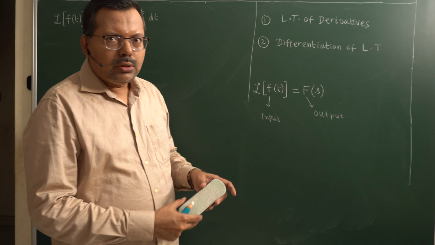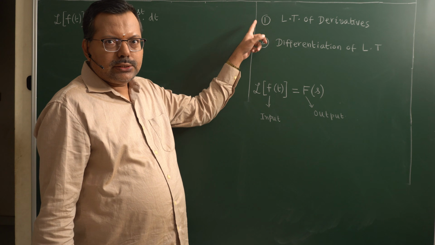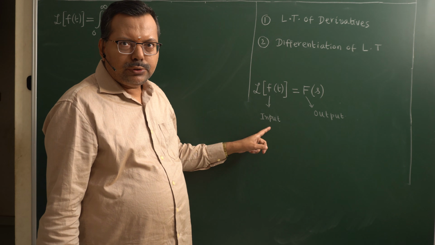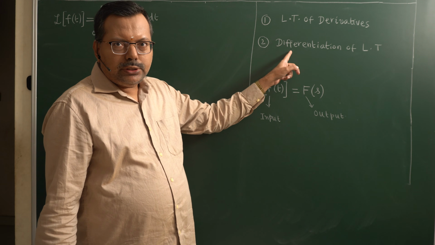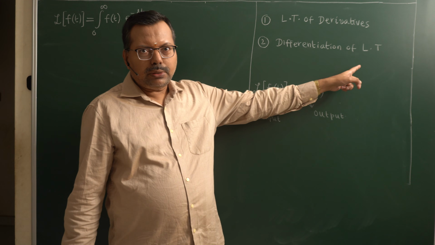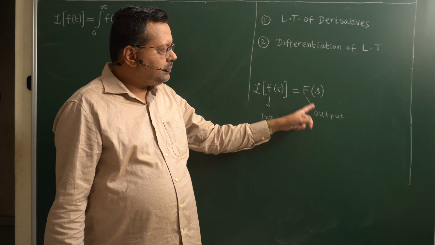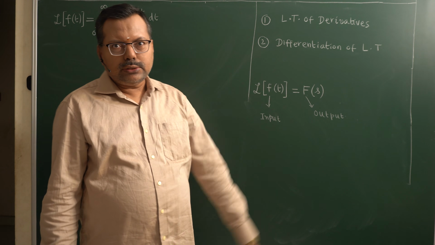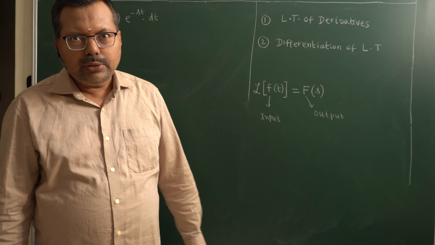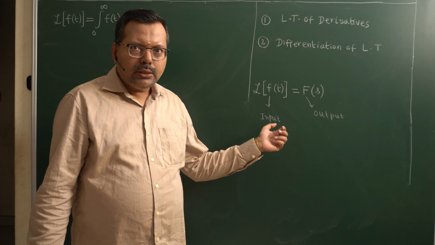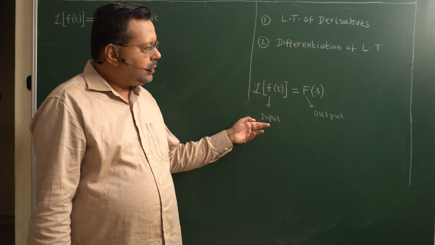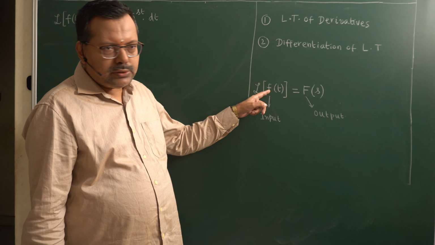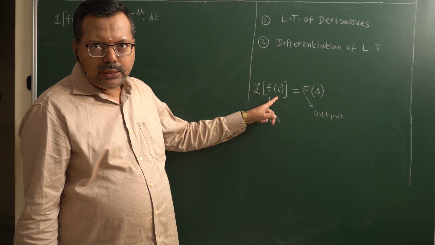So the first and the second cases are the two properties. The first one refers to the derivative of the input signal. The second property, namely the differentiation of Laplace transform, represents differentiation of the output signal. If you are reading the English wordings, a little bit of confusion may come, but once you understand mathematically, we were differentiating the input signal, that means f prime of t, where differentiation is with respect to t.